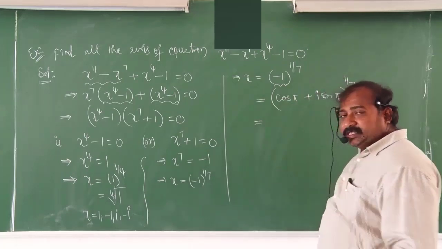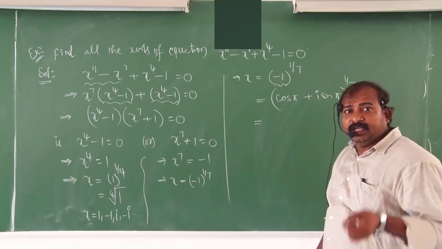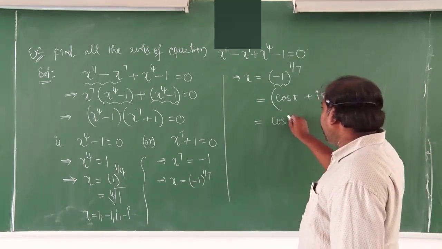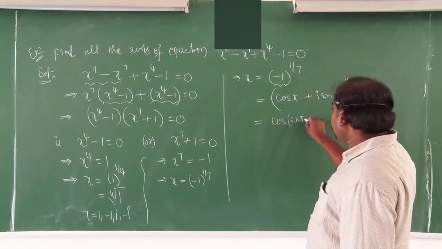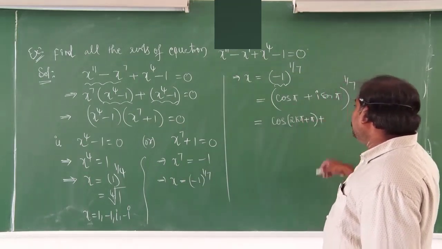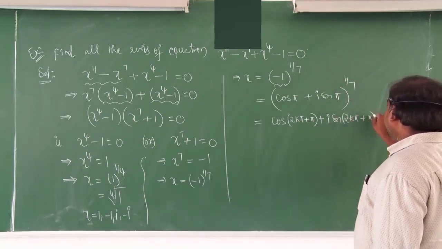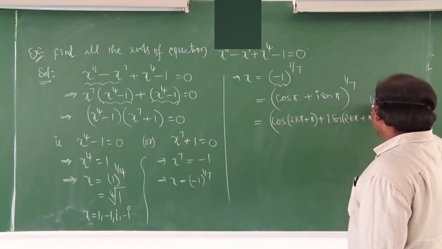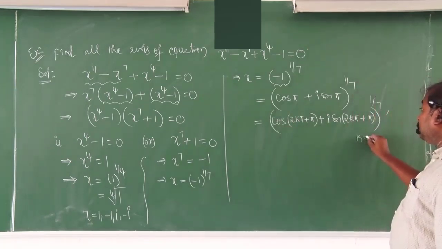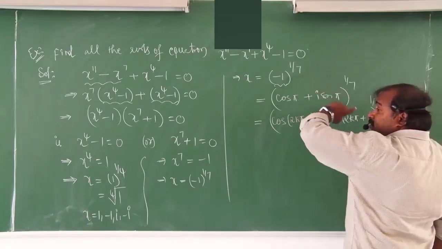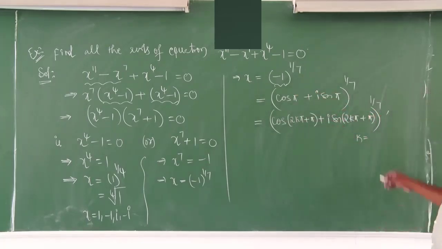Next step: since cos and sin are periodic functions, I can write this as (cos(2k pi plus pi) plus i sin(2k pi plus pi)) whole power 1 by 7. K is equal to, from where to where do we have to take? Our aim is to get the 7th roots of minus 1, so k is 0, 1, 2, 3, 4, 5, 6.